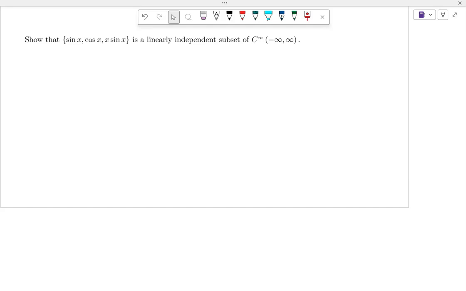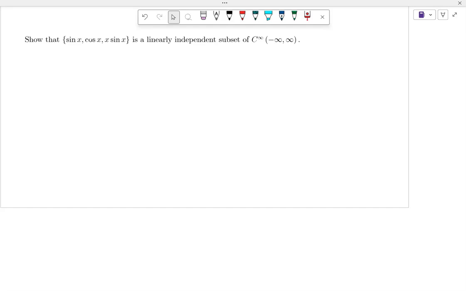Remember, C infinity means infinitely differentiable functions, and the negative infinity to infinity part is the domain. So this is the set of functions that are infinitely differentiable everywhere. So sine, cosine, e to the x, all your polynomials, all those types of functions are in there.